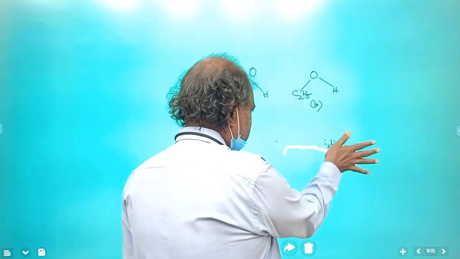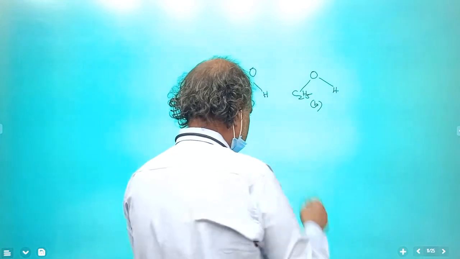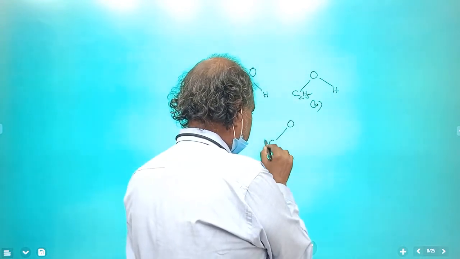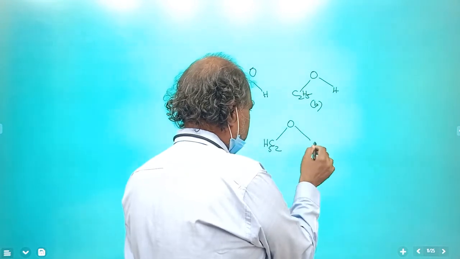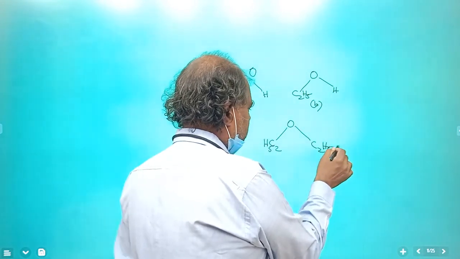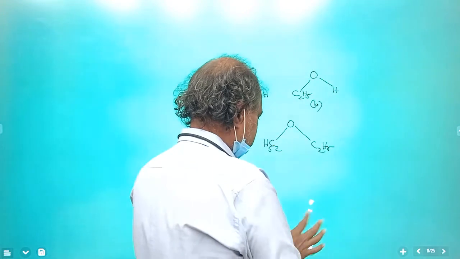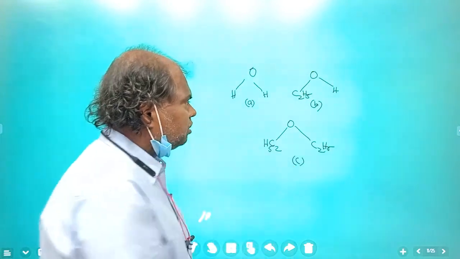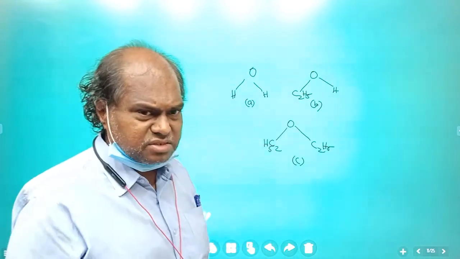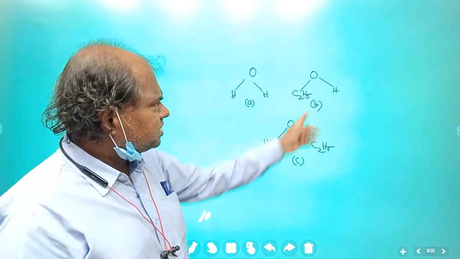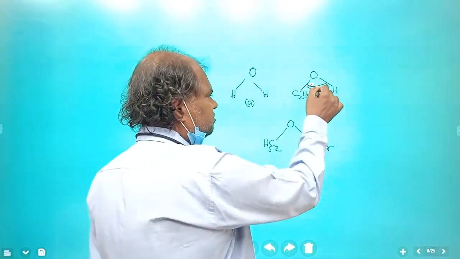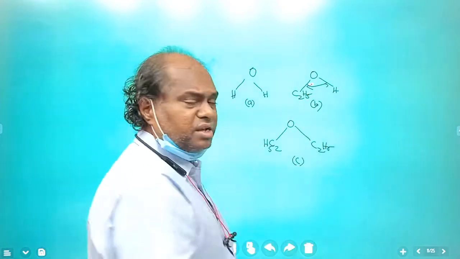Sorry, one small mistake I've done here. Let me take it like this. OC2H5, C2H5. Just see now. Here you see C2H5 is slightly big in size. So this angle will slightly increase. This angle I'm saying, right? Slightly increase. Here you will find even more increase. Why?